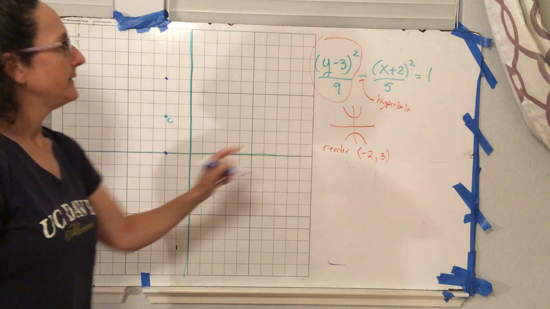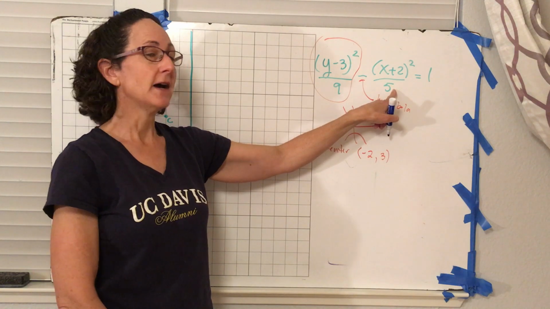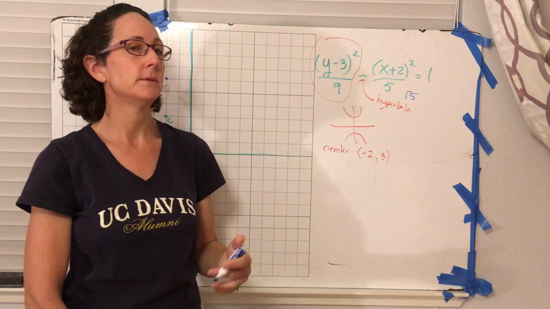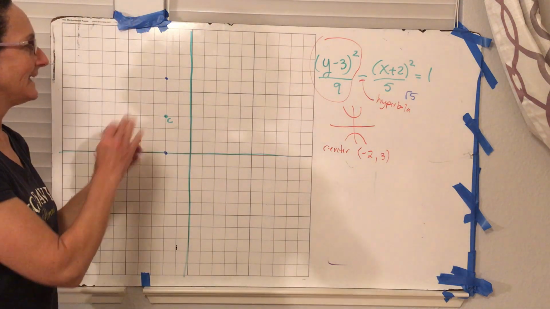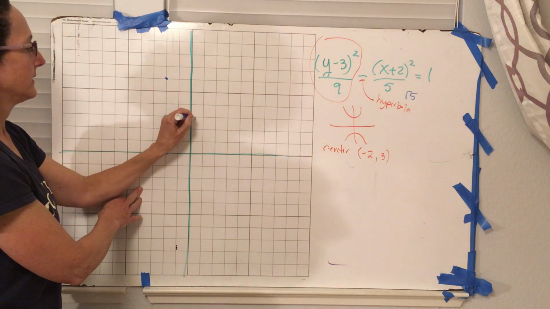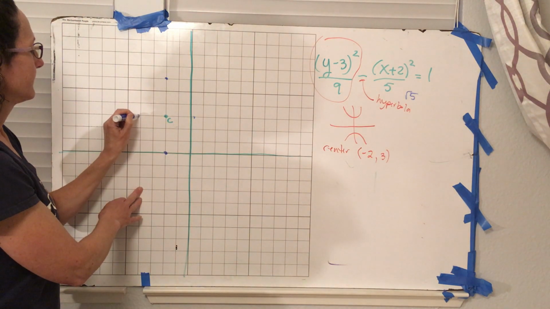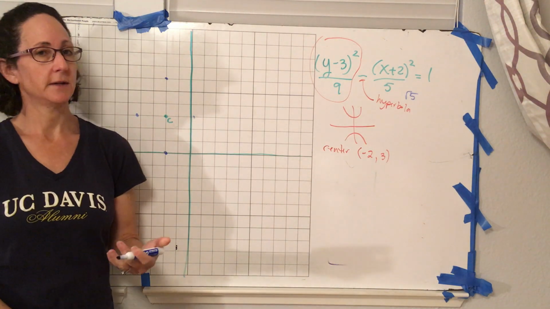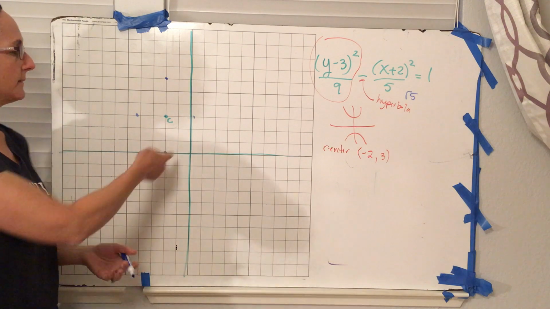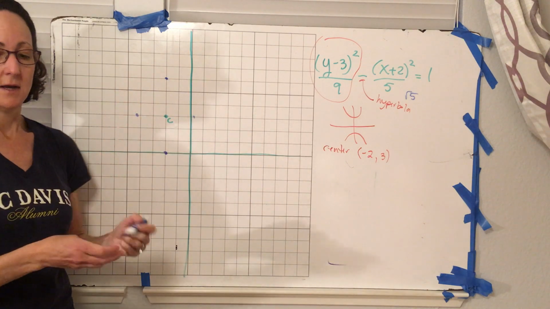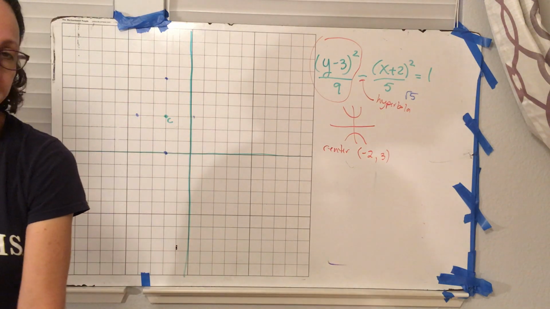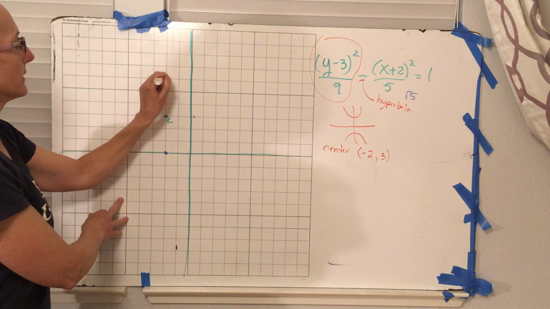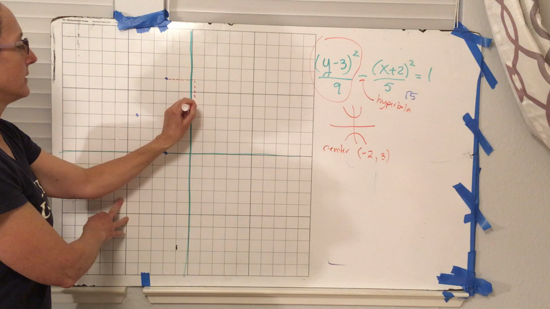In the x direction, there's a 5, which means I have to go √5, which is just a little bit bigger than 2 in the x direction. So I go like this. Looks like from your homework that you guys are pretty comfortable with the ellipse. So if this had been an ellipse, you would just draw one. The only thing you're going to do different is instead of drawing an ellipse, you're going to draw a box.